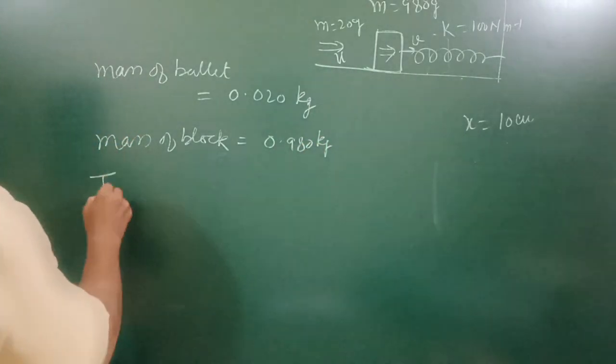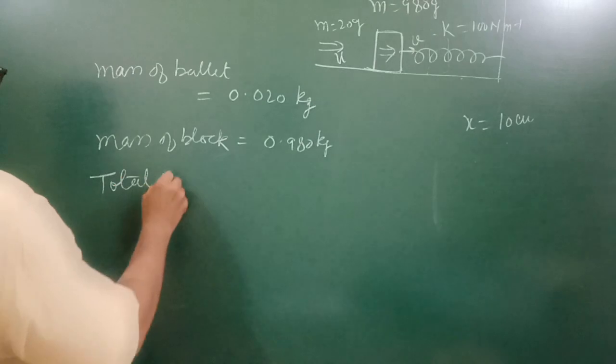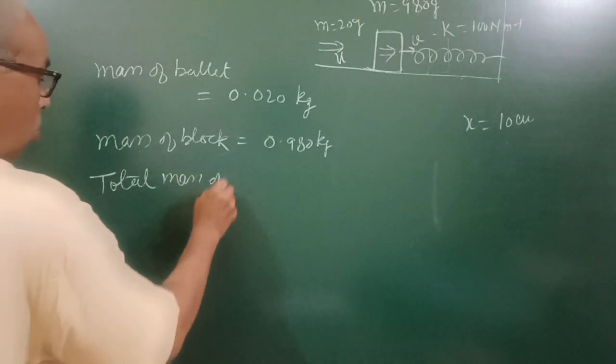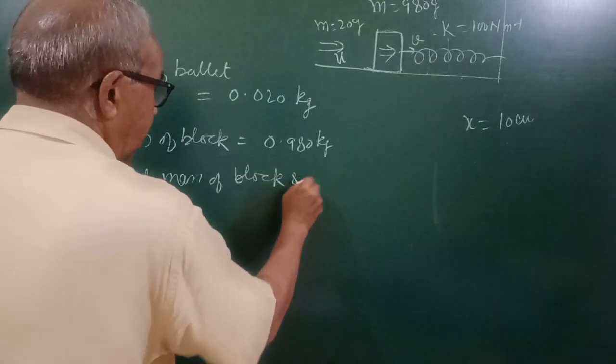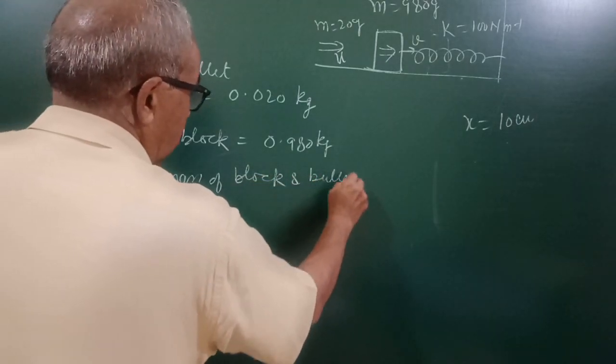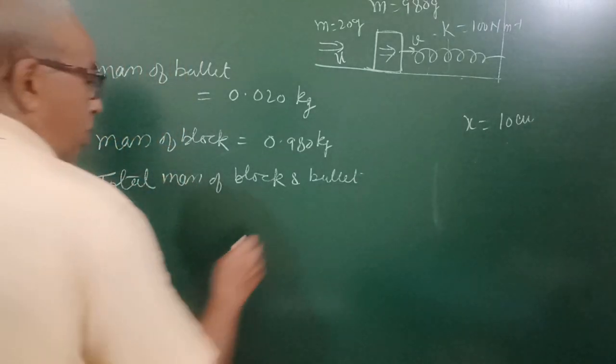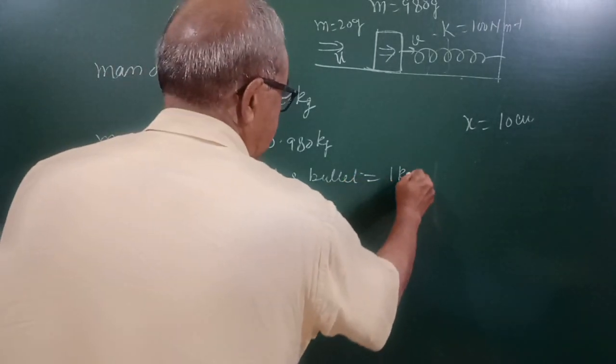So total mass of block and bullet is equal to 1 kg.